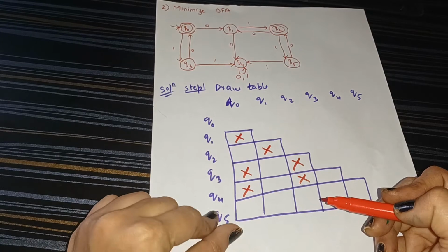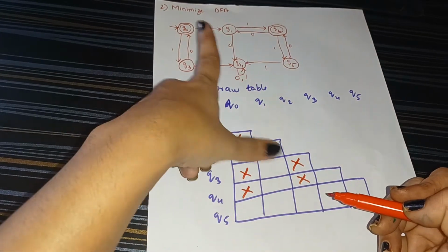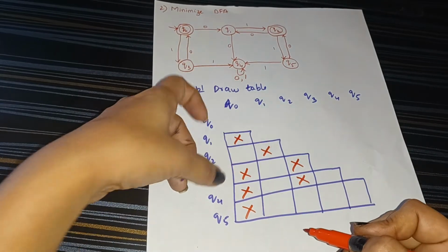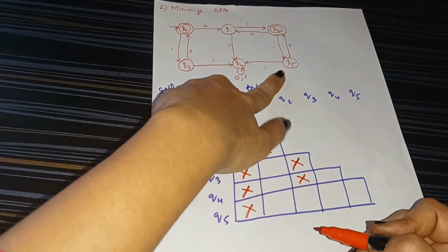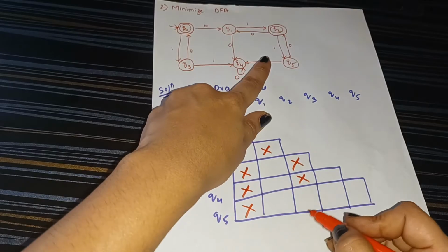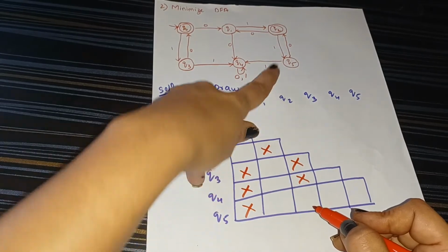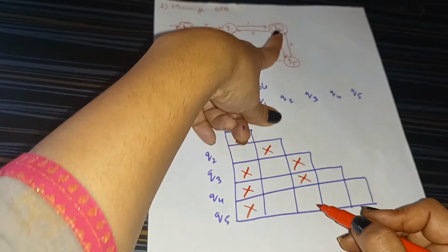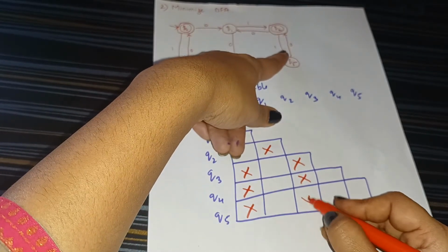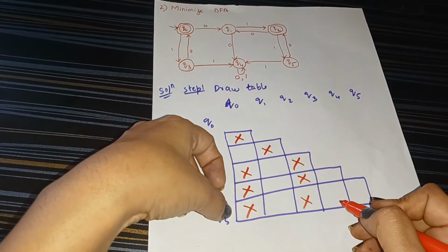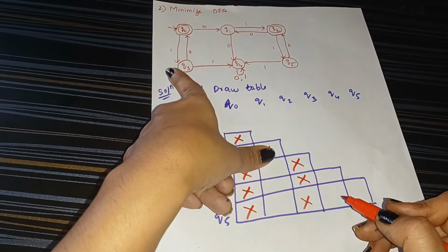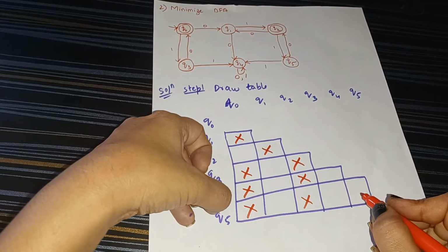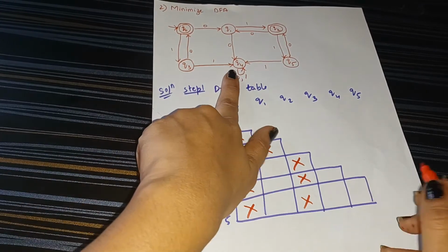Next we have Q5, Q0: Q5 is non-final, Q0 is final, will mark it. Q5, Q1: both non-final, will not do anything. Q5, Q2: Q5 is non-final, Q2 is final state, will mark this. Q5, Q3: both non-final, will not mark. Q5, Q4: both non-final, will not mark.